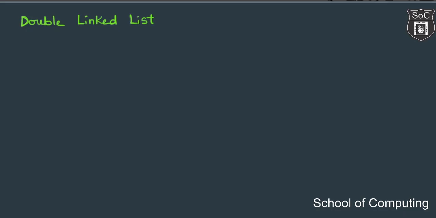In double linked list, we will have a node with two pointers. So in the single linked list, we had a node with data and a pointer.